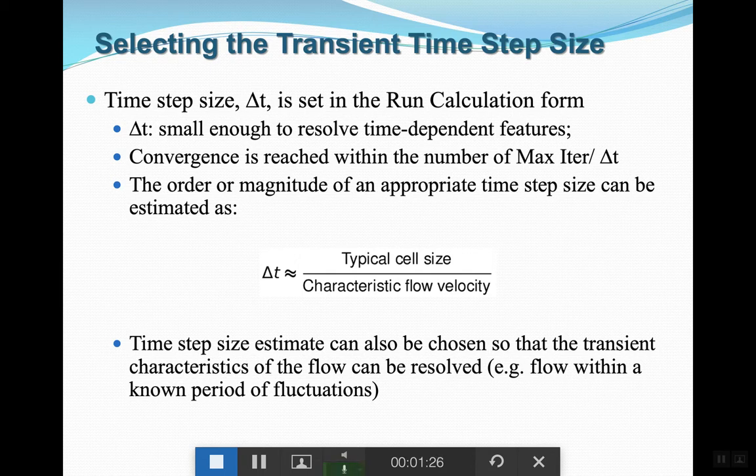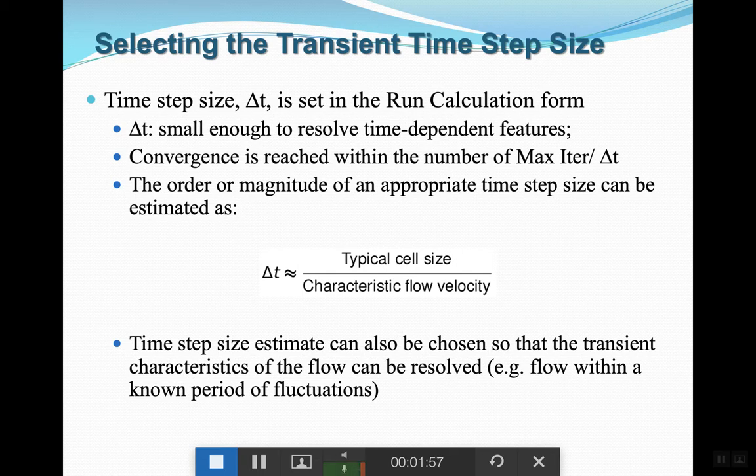The general rule of thumb is that the delta t, the time step size, should be small enough to resolve time dependent features, which means if you have a physical phenomenon that is happening in a small time, for example, a chemical reaction in your system that happens in, say, half a second, your time step size probably has to be 0.1 second or less than that.